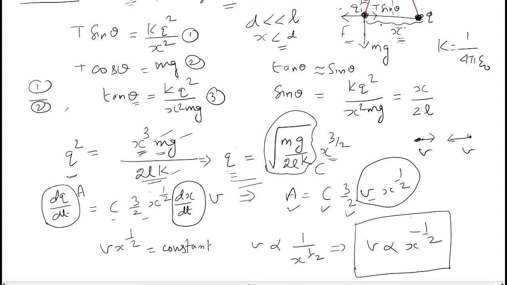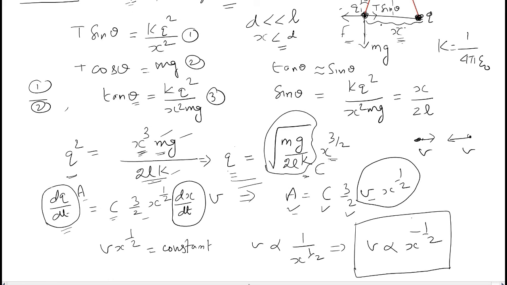So to find out that, you find the rate at which the charge leaks, or the rate of variation of charge on the sphere. You can take it to be constant, dq by dt. That constant is a, so a is also constant. c is this constant, which we already told.